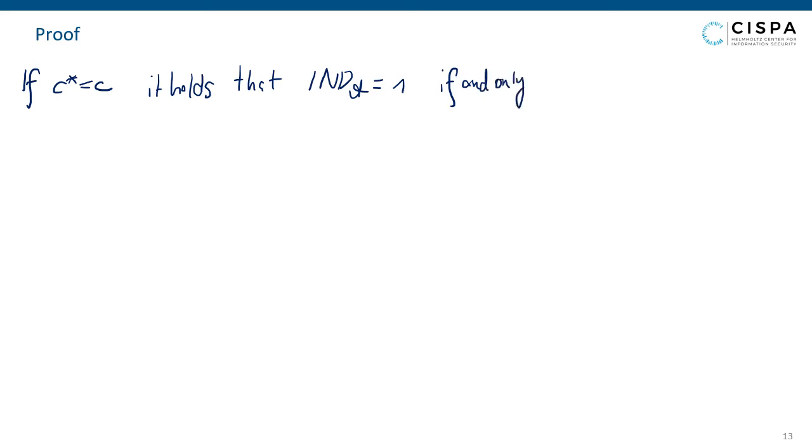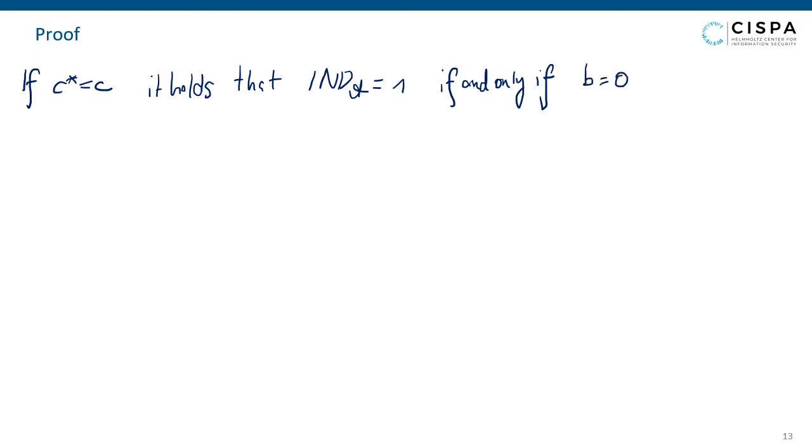Okay, let's look at this condition C star equals C a little bit more in detail. If C star equals C, it holds that the experiment outputs 1 if and only if B equals 0.